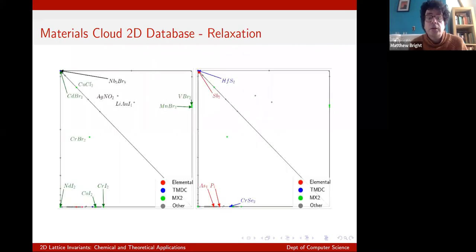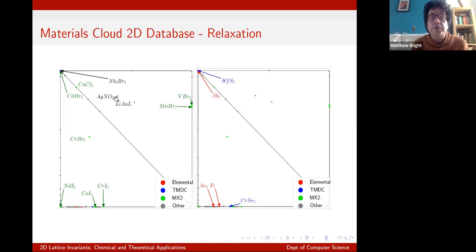But when you do the relaxation, what you see is everything that comes out immediately snaps to a higher symmetric lattice. So all of your simulated relaxed ones, well, I say all of them, all but 3, interestingly, live on the boundaries. And we've got a few here again, where we can see that their chirality distance is going to be a bit higher.